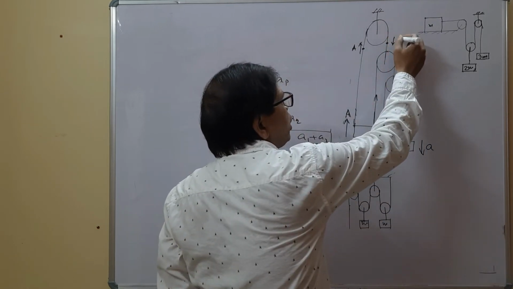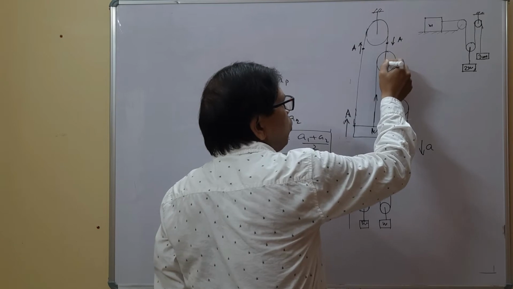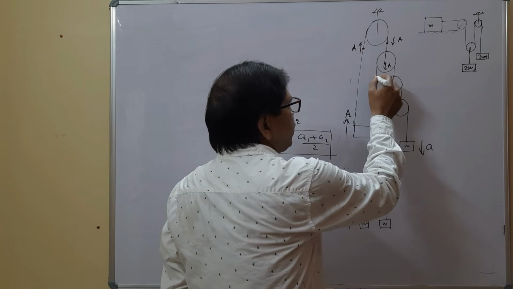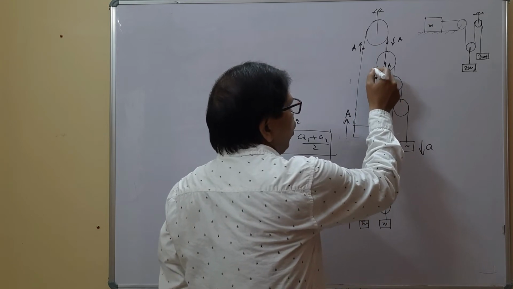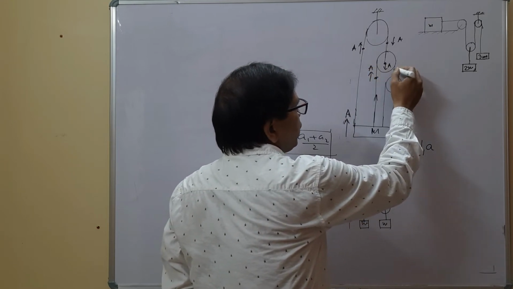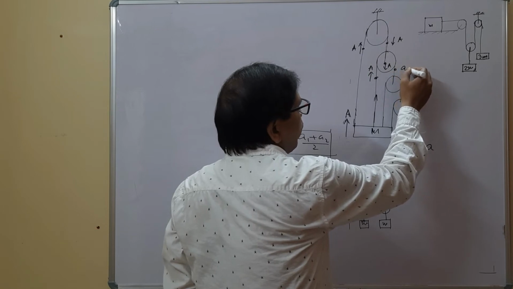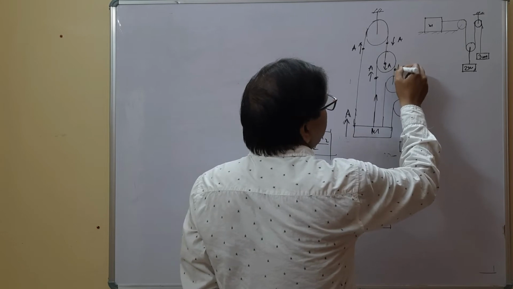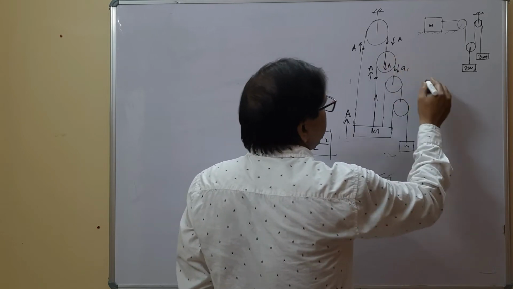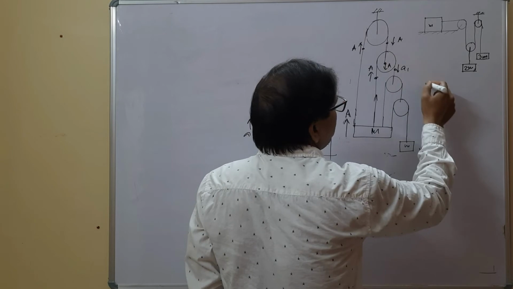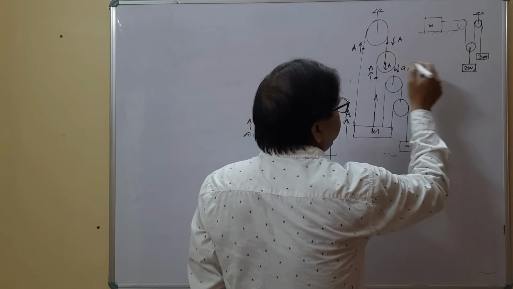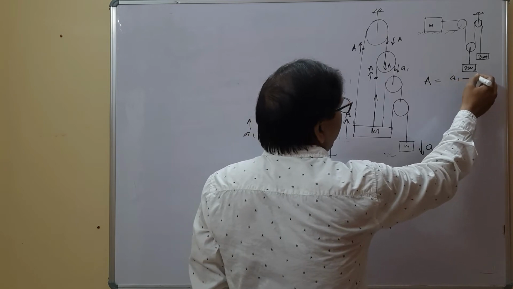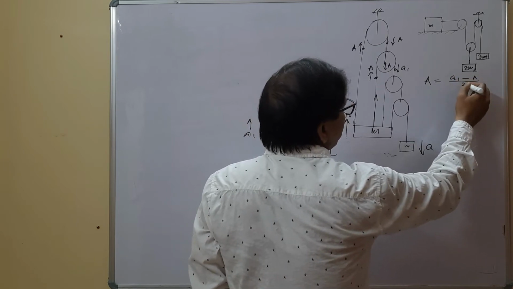So the acceleration of this pulley is also A along this direction. Now the acceleration of this point is A along this direction. Suppose the acceleration at this point is A1. This is obviously downward. Now the acceleration of the movable pulley A equals the average acceleration of its two ends. So this is (A1 minus A) divided by 2.